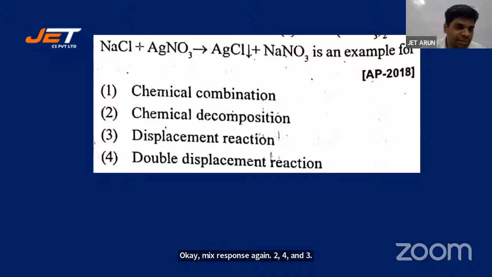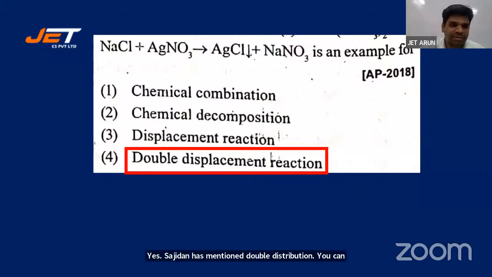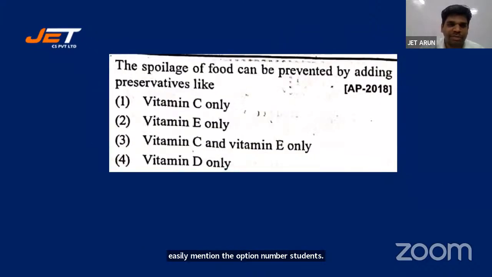Bhavesh says 4. Sharat Chandra has a good doubt, 3 or 4. Jyoti says 3. Let's look at the key. It's a double displacement reaction, students. See what is happening: NaCl plus AgNO3 gives rise to AgCl plus NaNO3. Sai Charan has mentioned double displacement reaction. You can easily mention the option number, students, so that will be convenient for you. Here's the next one.